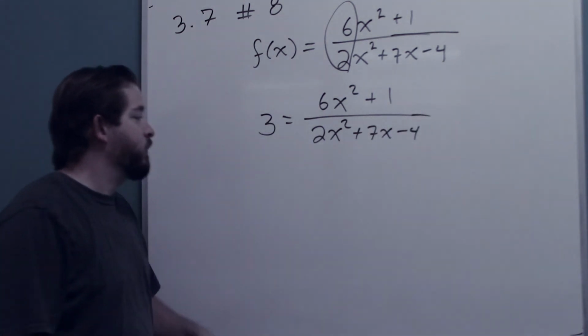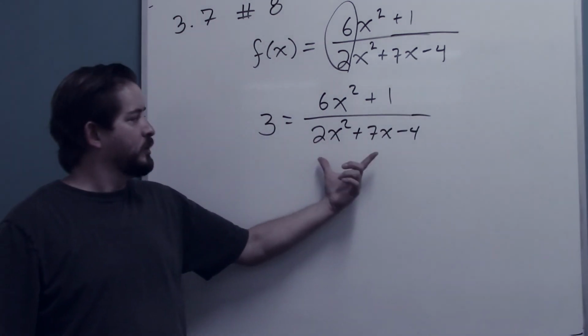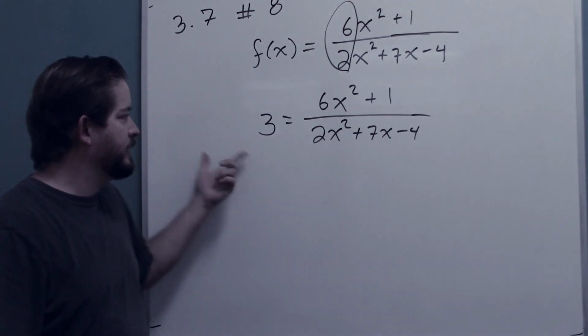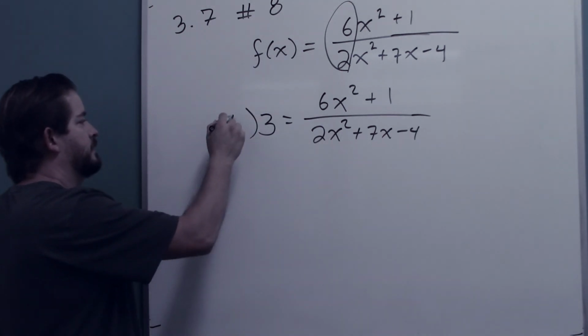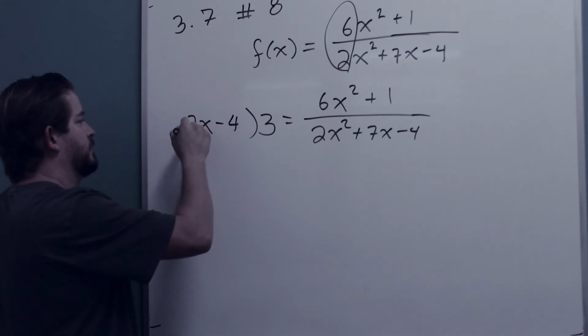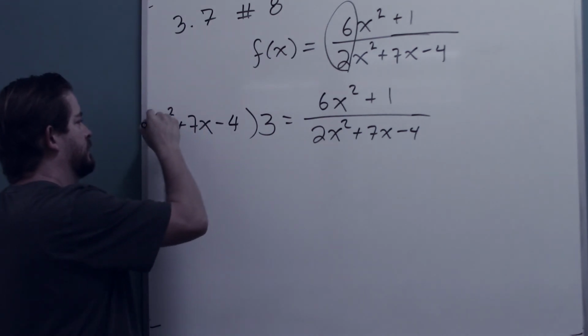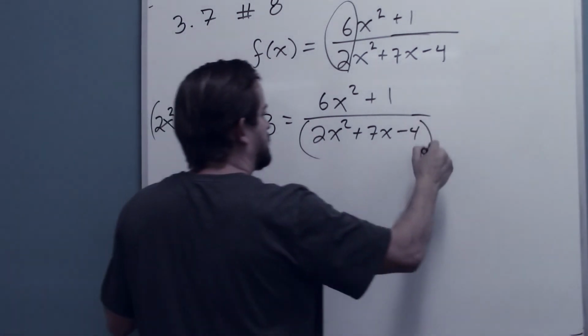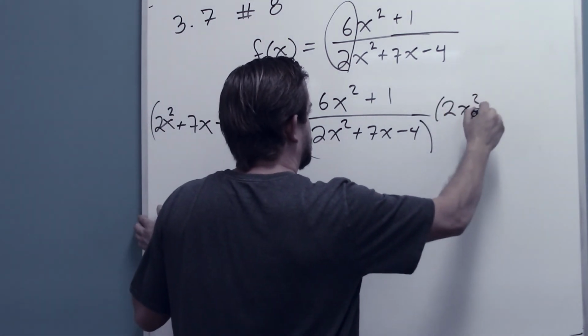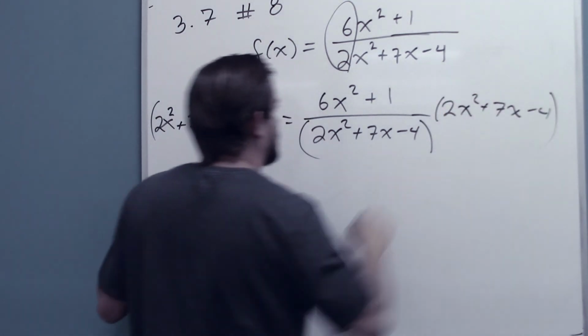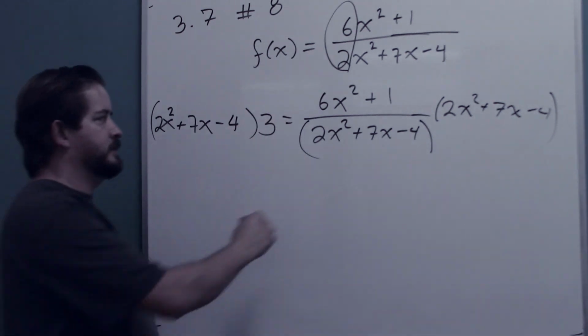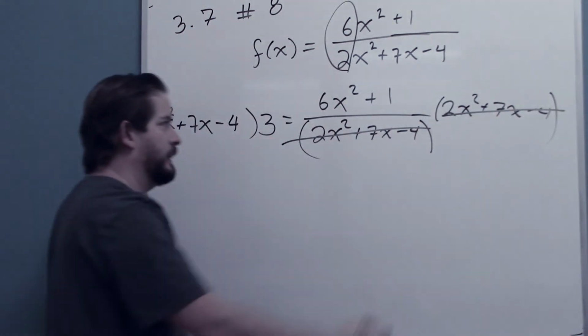Right? And I have to just solve this. But I can multiply both sides by this denominator. Over here it just cancels. Gone. That's why I did it.